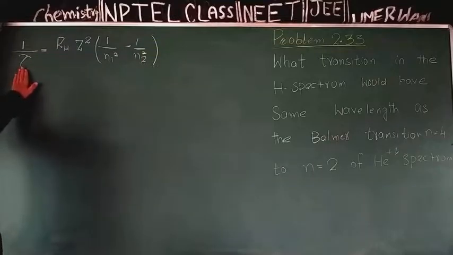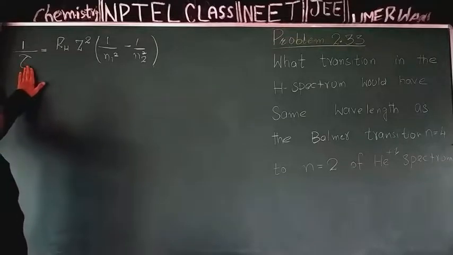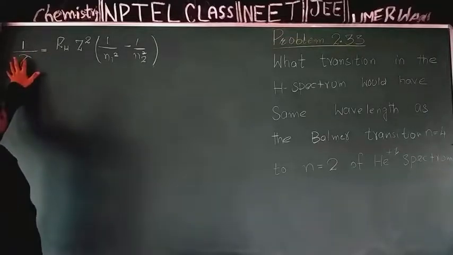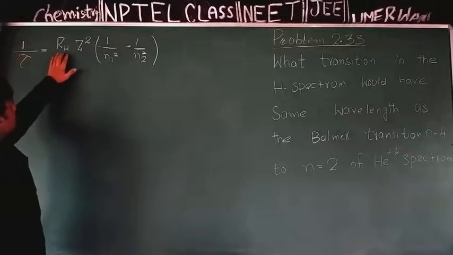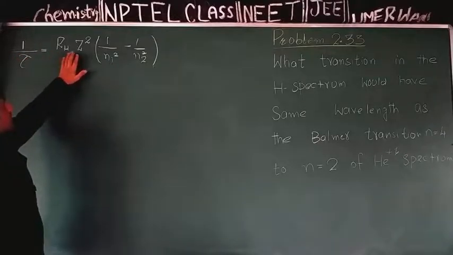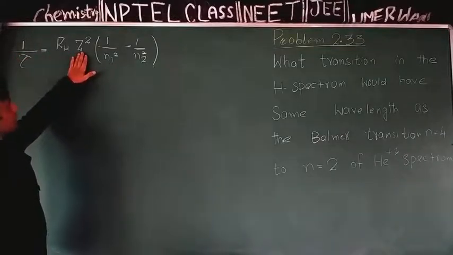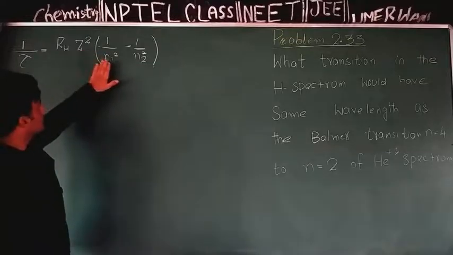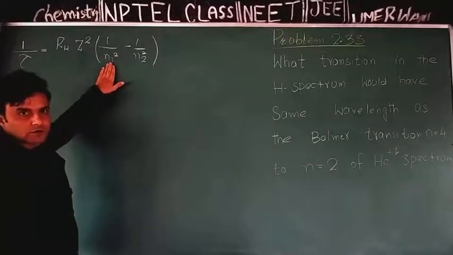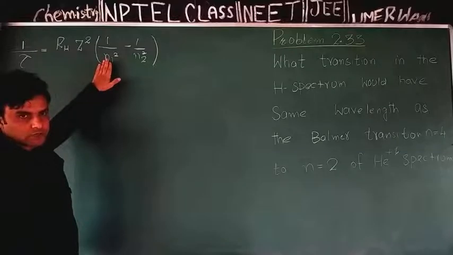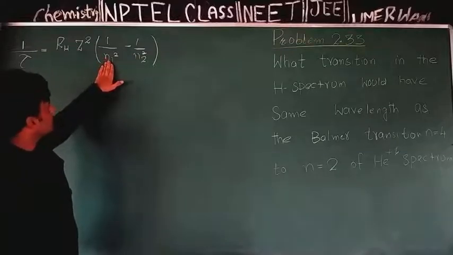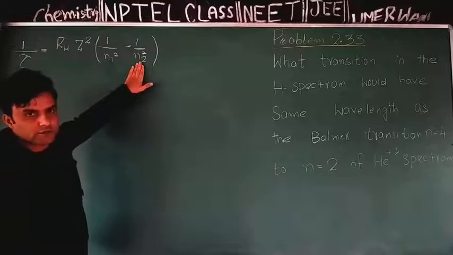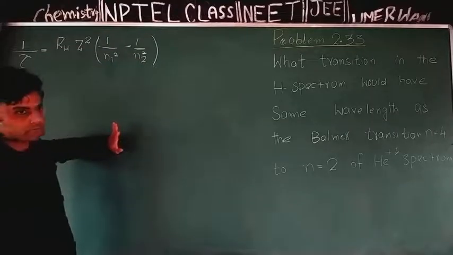Wavelength of quantum of radiation absorbed or emitted during electron transition in any one electron species is given by this expression, where lambda is wavelength, RH is Rydberg constant, Z is atomic number of the one electron species, N1 is lower energy level or lower energy orbit, N2 is higher energy level or higher energy orbit.